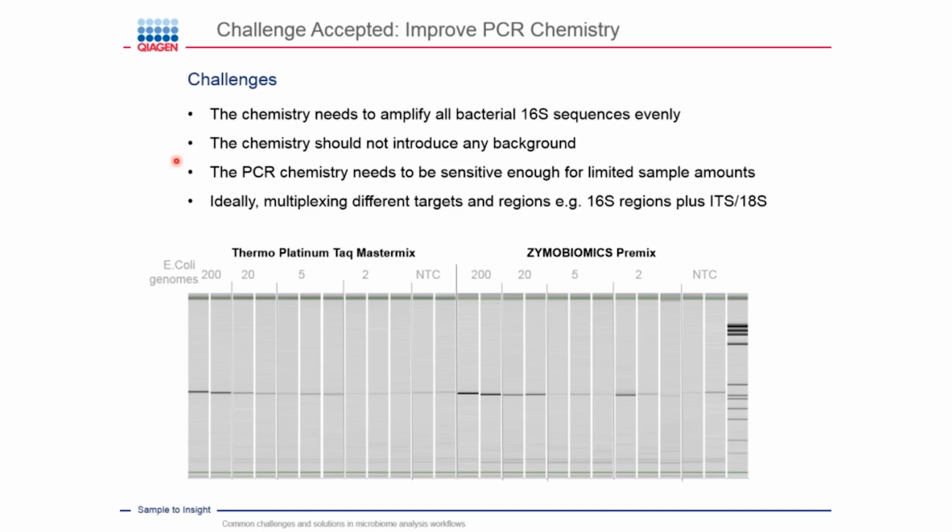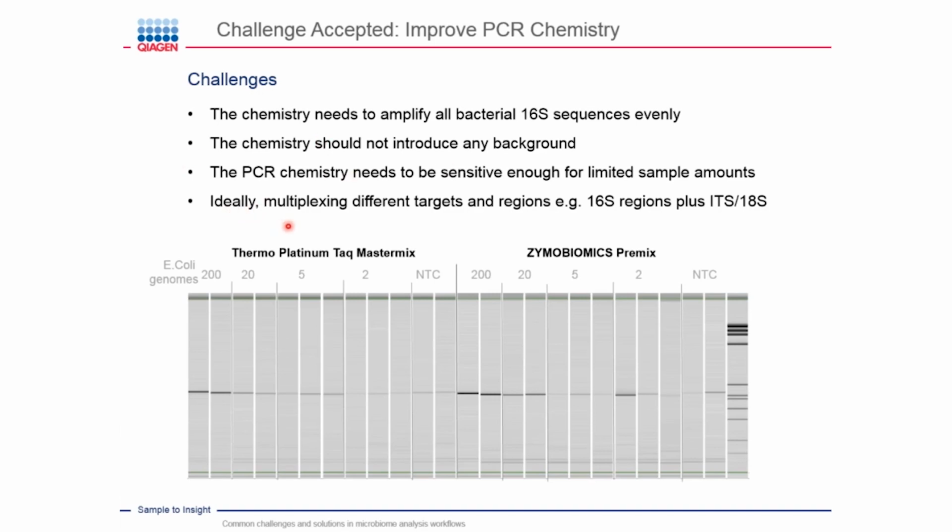You might think when you do a surface DNA extraction from soil or something that you always have a ton of DNA in. The problem is you not always know if this is pure microbial DNA. It can also be a lot of plant DNA, a lot of mammalian DNA. So when you end up with putting 1 nanogram of DNA in your sample, it does not necessarily mean that you have 1 nanogram of bacterial DNA. So you have to have a sensitivity from the mix.